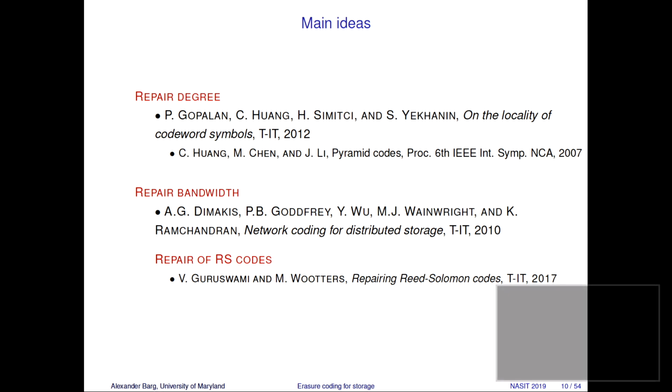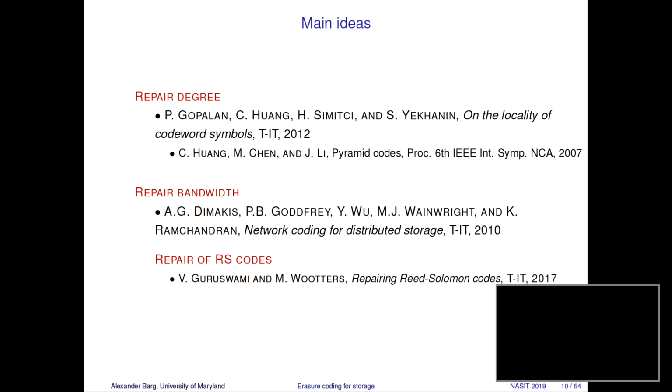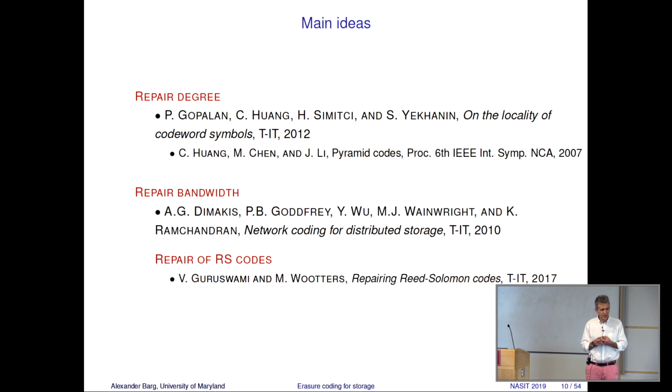And within that topic, there is a smaller subtopic, but yet original and also of interest, by Venkat Guruswami and Mary Wootters, and that specifically refers to Reed-Solomon codes. Reed-Solomon codes are a very popular family of codes, still in use, still being researched, and I will speak of those as well. So this third paper comes within the framework of the second one, and yet it is original, novel, and important. So this is where the main ideas come from.